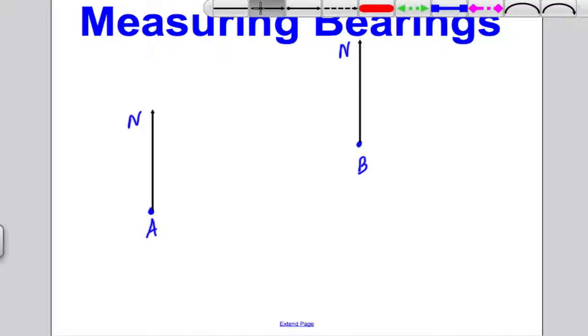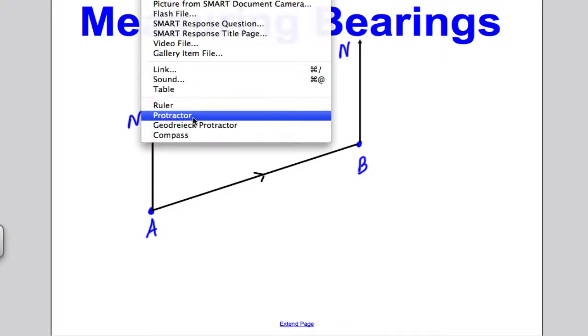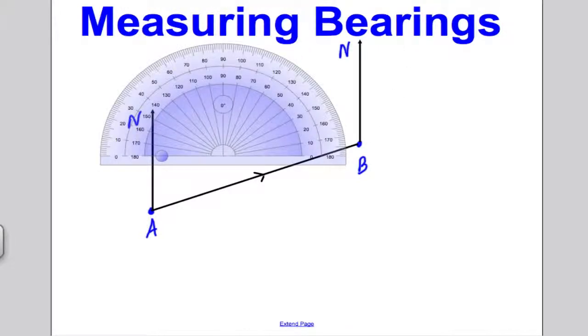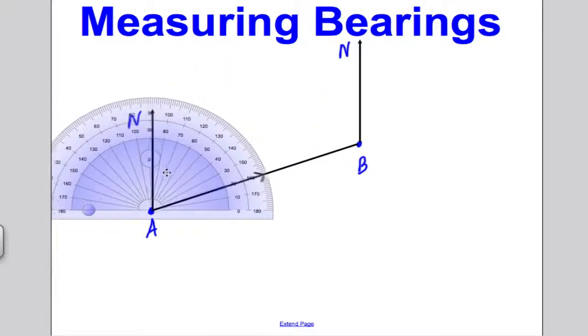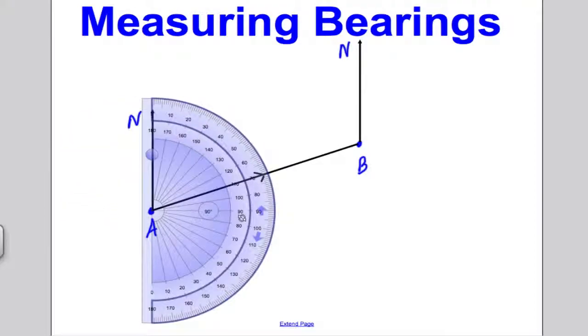Then what you do is you would consider in what direction from the north do I have to walk to be on the line that's walking directly from A to B. So at that point, you'd get out your protractor and you'd put the corner of your protractor, the 0, on that corner, and you twist it round, and you're going to measure this time from where 0 is on the outside.